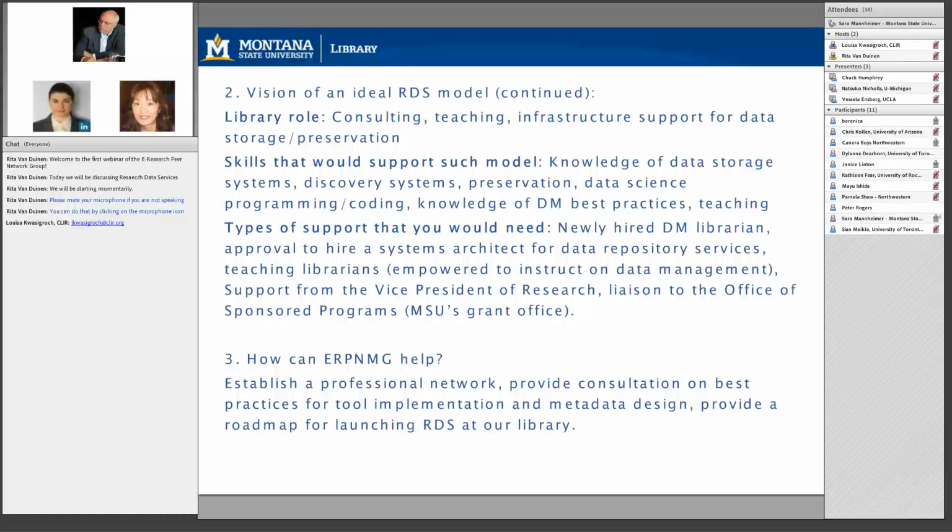So this is a nice opportunity to find where the library can pick up a service and also collaborate with entities outside of the building.